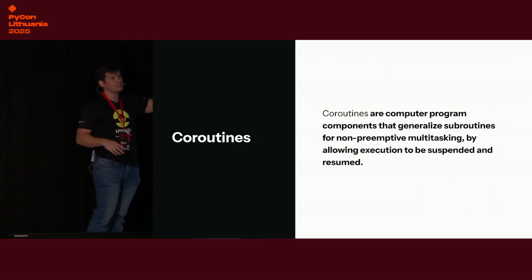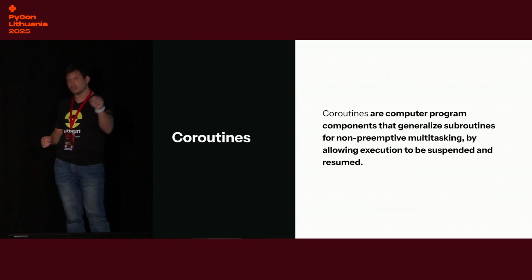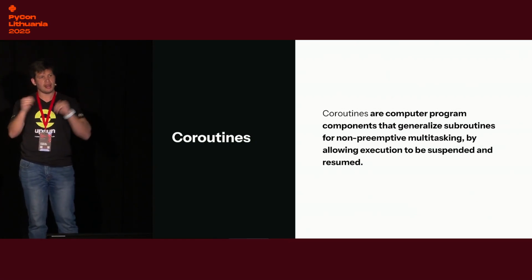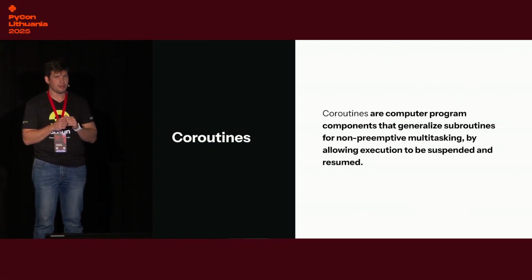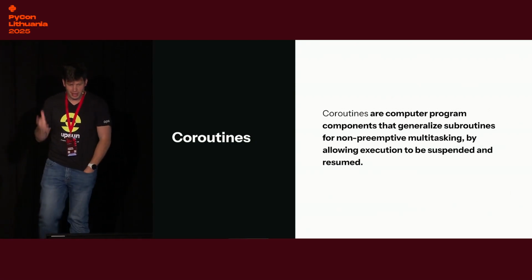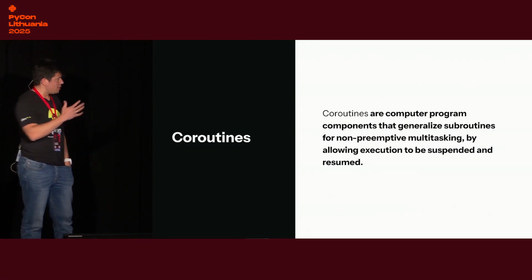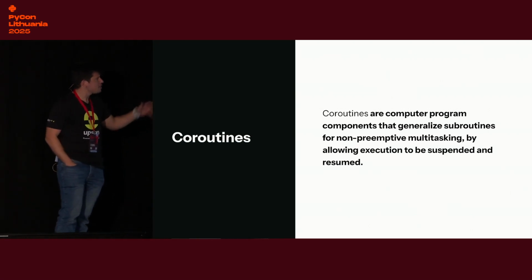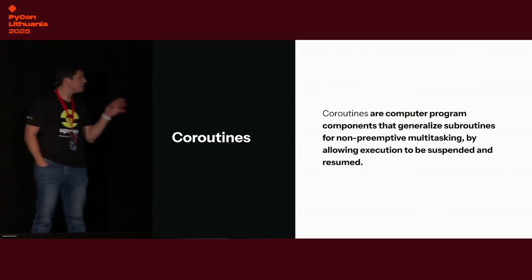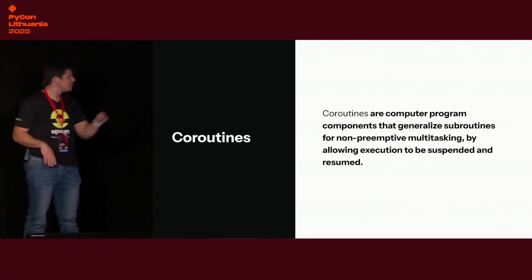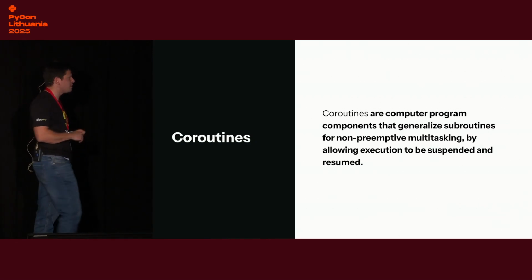So tasks 1, 2, 3, and 4 were different coroutines, which are like special programs that we can schedule and unschedule from the CPU as we please. If we take the official Wikipedia entry for this, coroutines are computer program components that generalize subroutines for non-preemptive multitasking by allowing execution to be suspended and resumed.